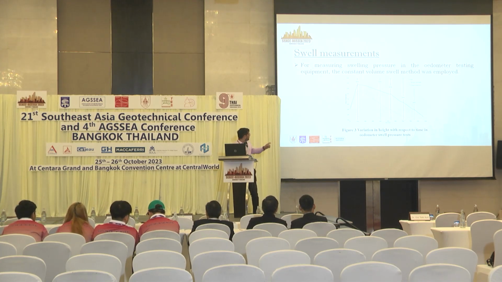For the virgin soil it is 60 kPa, and for the contaminated soil the swell pressure is nearly 30 kPa. From the constant volume swell pressure test, I get the same value as the oedometer test.